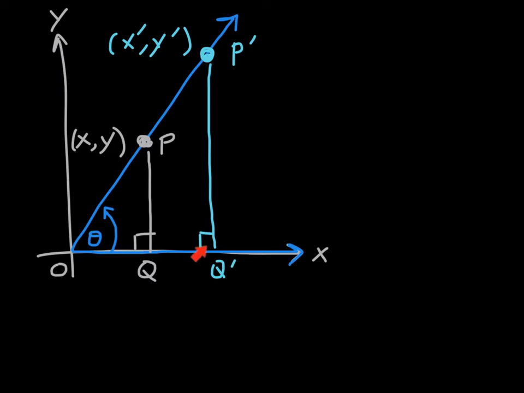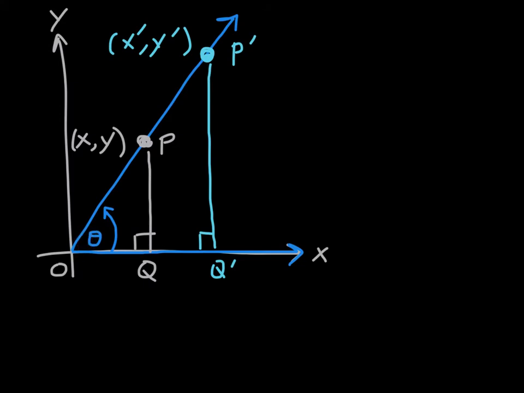All right, but notice that we have a pair of similar triangles. Triangle POQ is similar to triangle P prime O Q prime. How do I know that? Well, look at this triangle. The smaller triangle has a 90-degree angle, so does the larger triangle. The smaller triangle has angle measure theta, and so does the larger triangle, right here.